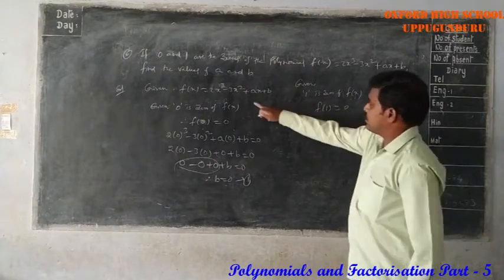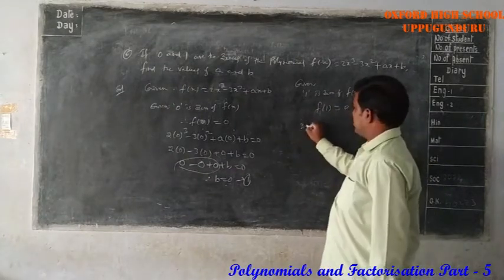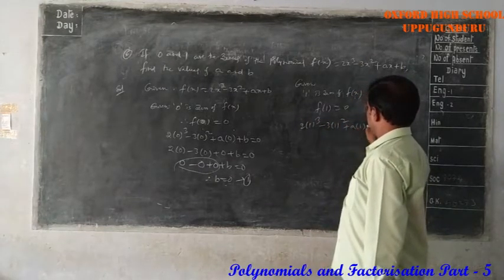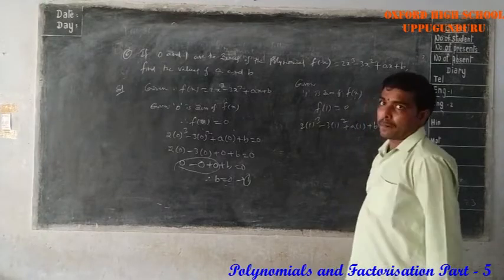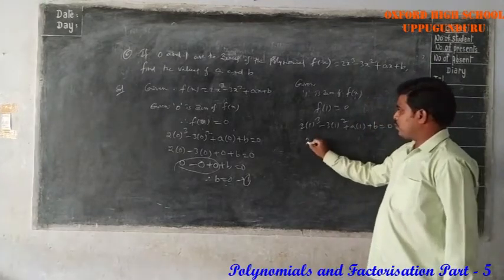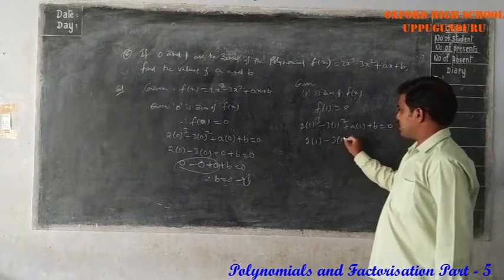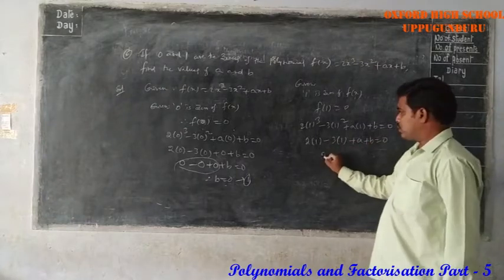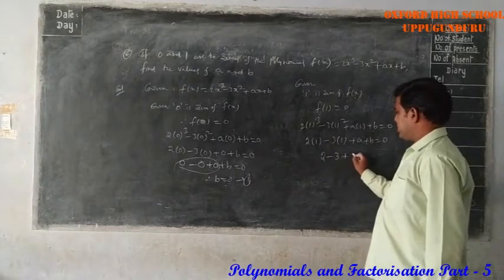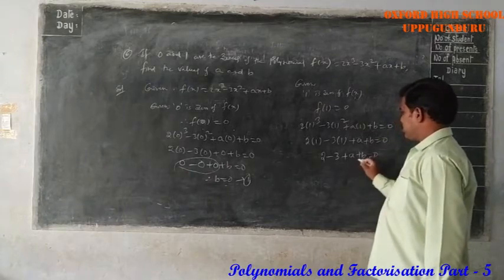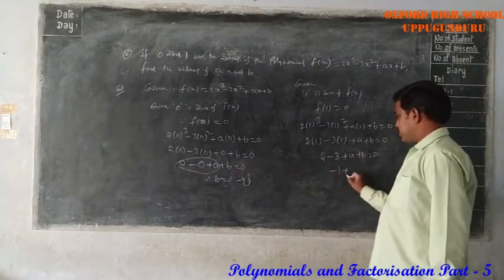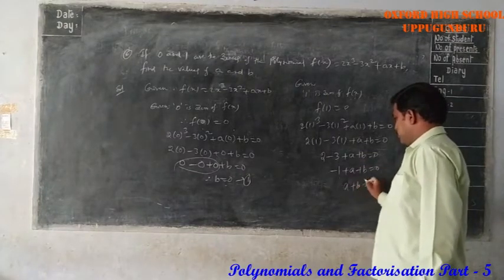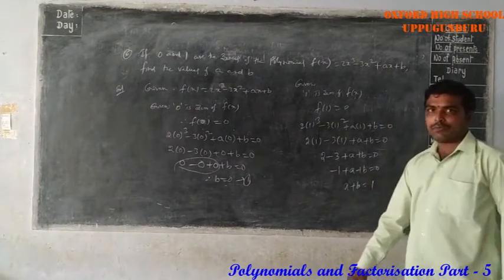So in place of x, you have to substitute 1. 2 into 1 cube minus 3 into 1 square plus a into 1 plus b equal to 0. 1 cube value is 1, so 2 into 1 is 2, minus 3 into 1 square is 3, plus a plus b equal to 0. 2 minus 3 is minus 1 plus a plus b equal to 0. Now a plus b equal to, transposing minus 1 to this side, you will get 1.